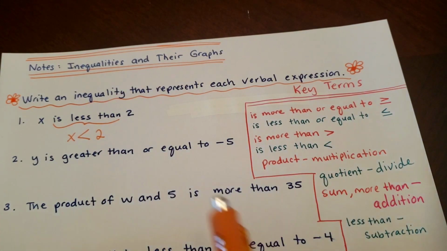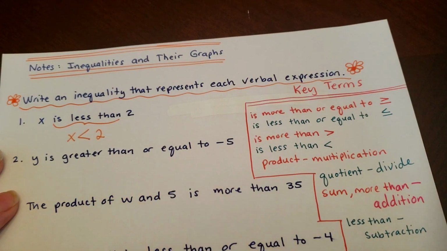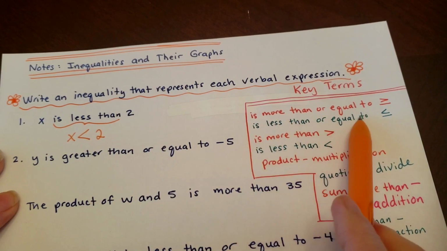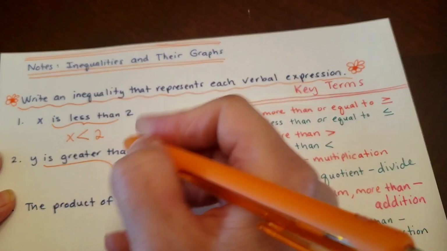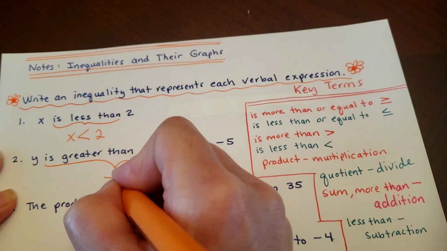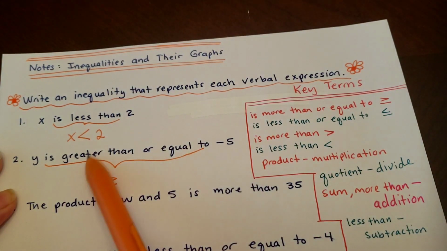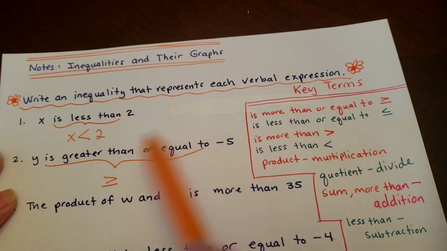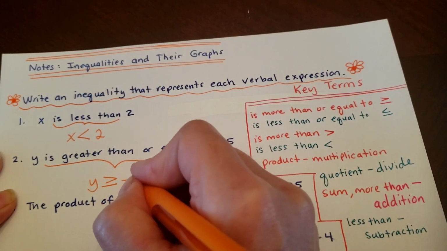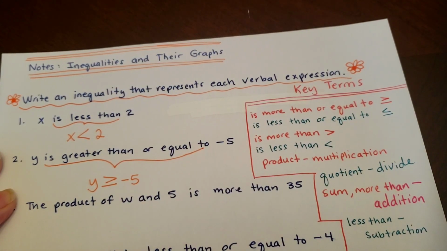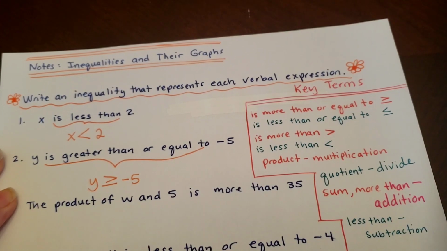Let's try another one. "Is greater than or equal to" is the same as "is more than or equal to," so those are equivalent. So all of this is going to be this symbol here, because greater and more are the same. Bring down the y. Bring down the -5. Okay, so using this checkoff sheet should help us a little bit.